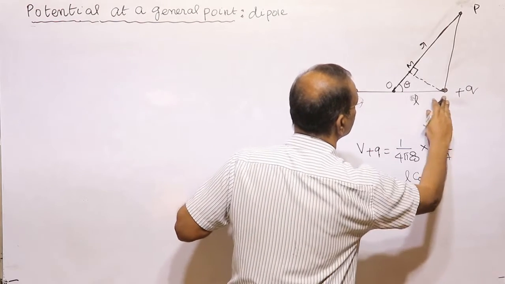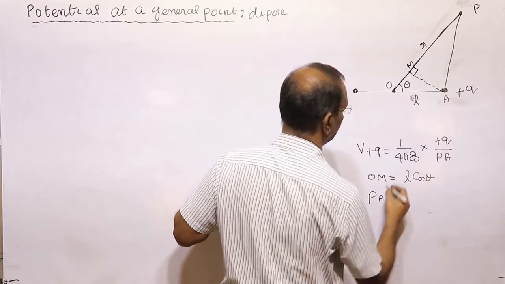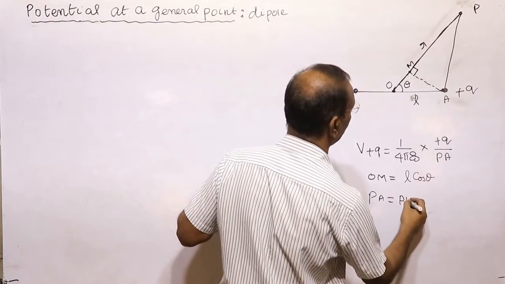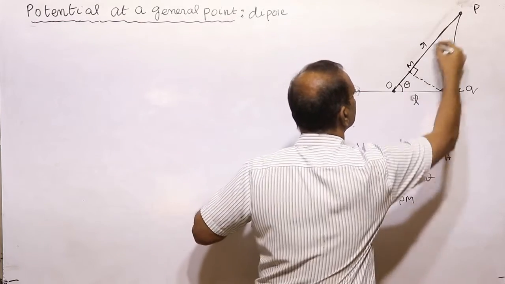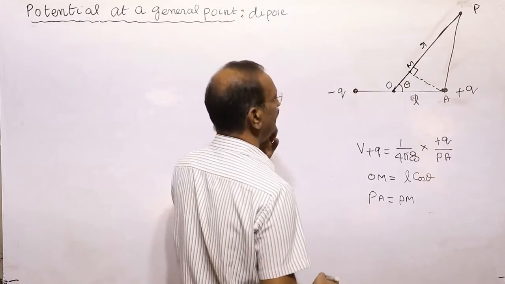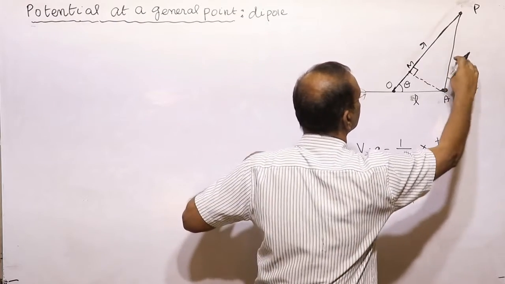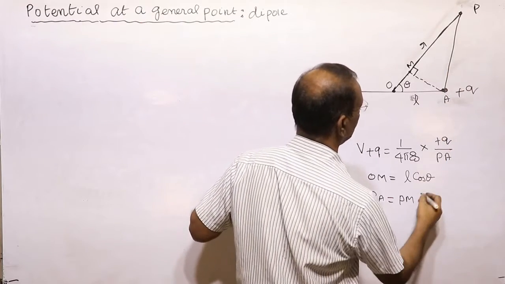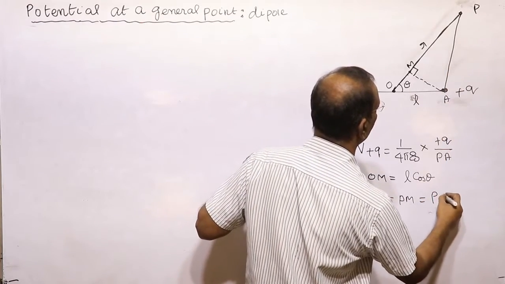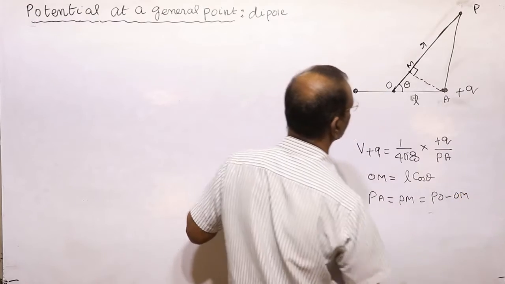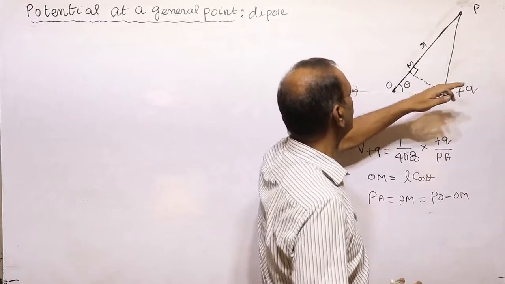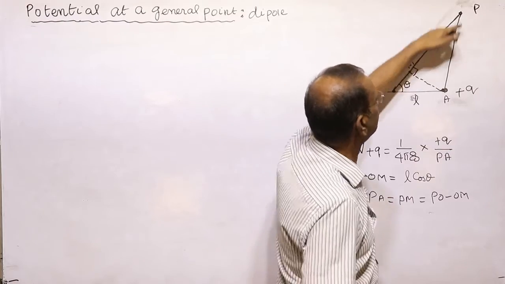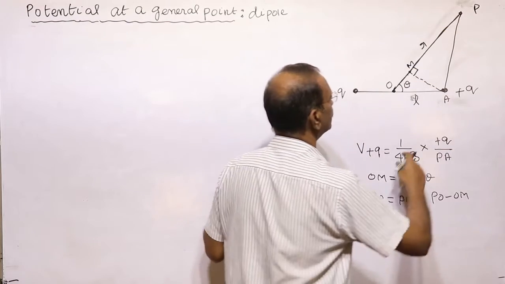Now PA, this distance PA is equal to PM. What is PA? This distance is r, and PA is equal to PM. PM is equal to PO minus OM.